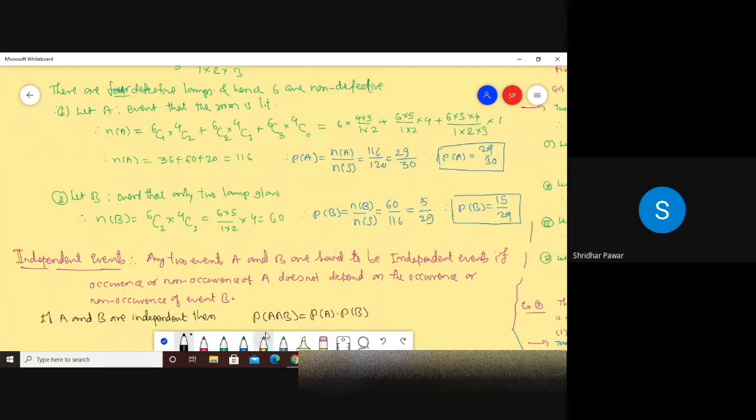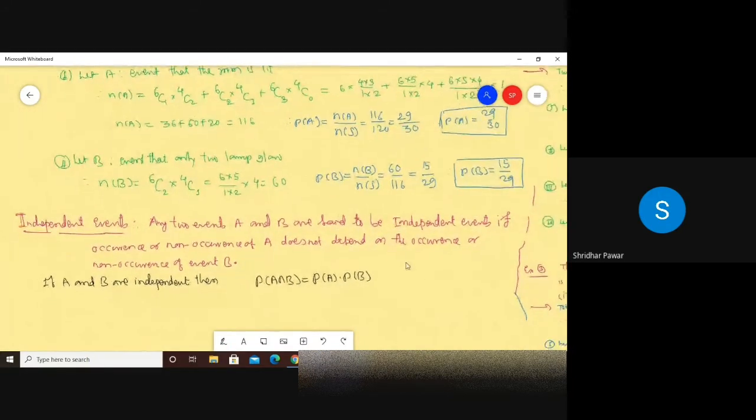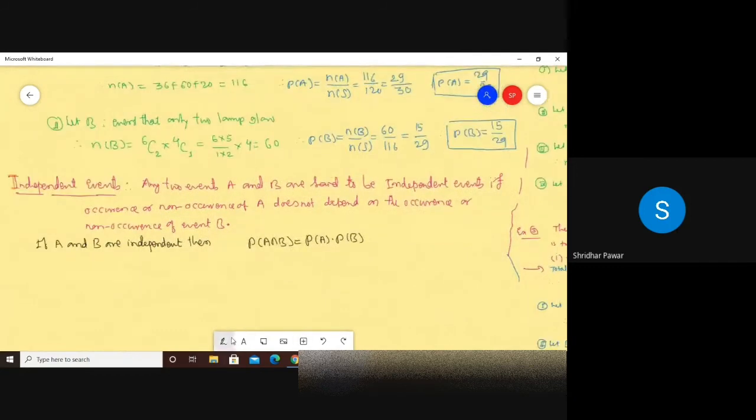Okay. So any two events A and B are independent if P of A intersection B is equal to P of A into P of B. So this is one important criterion for any two events to be independent.